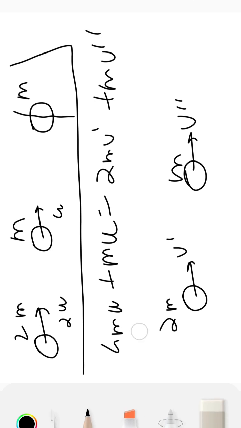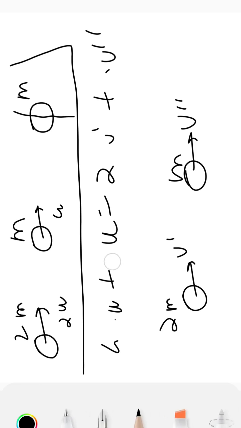Since m is common in all the terms, we are going to strike off the m from all the terms. So you're getting a 5u over here. Now to relate v dash, we are given the coefficient of restitution as half in the first case.